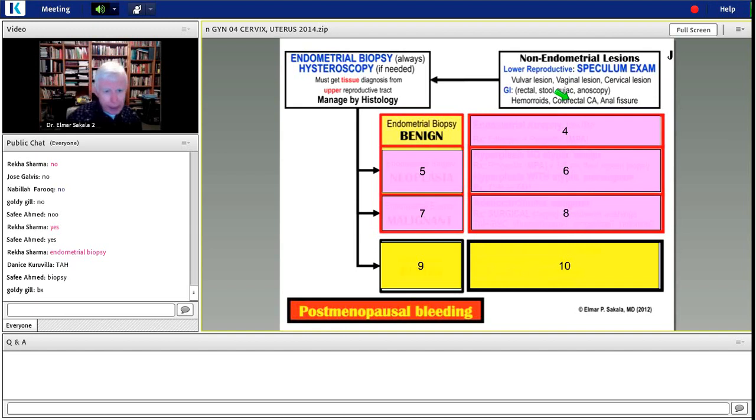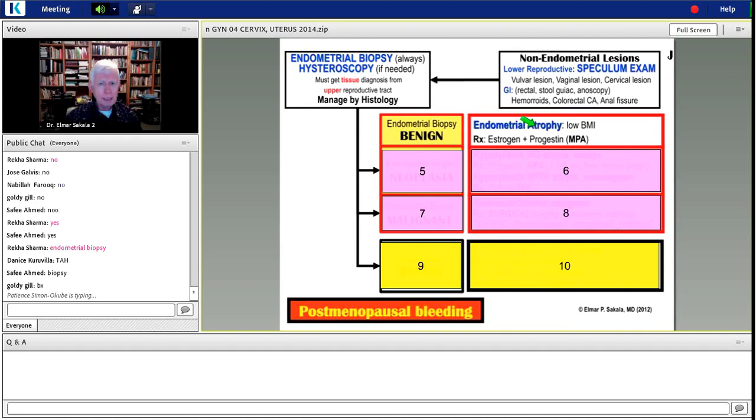Okay, if we do an endometrial biopsy and the endometrial biopsy is benign, now what should you think of? Endometrial atrophy. Now, if a woman has endometrial atrophy, do you think she's going to have a BMI of 40, of 30, of 20? She's going to have a low BMI because she doesn't have much peripheral adipose tissue. So how do you treat endometrial atrophy?